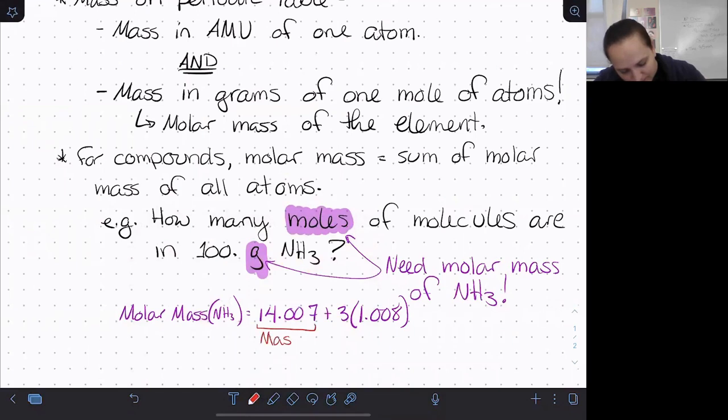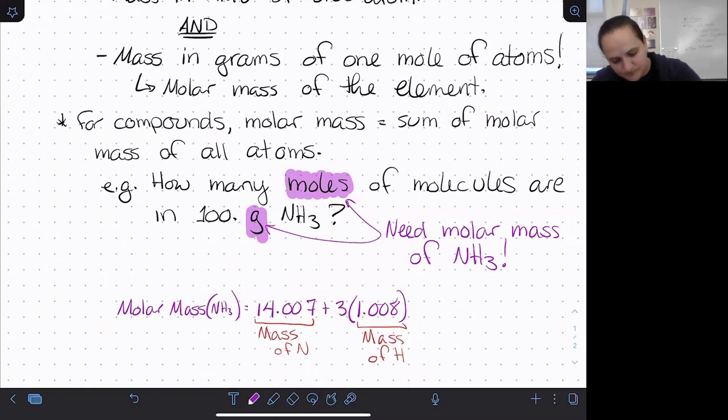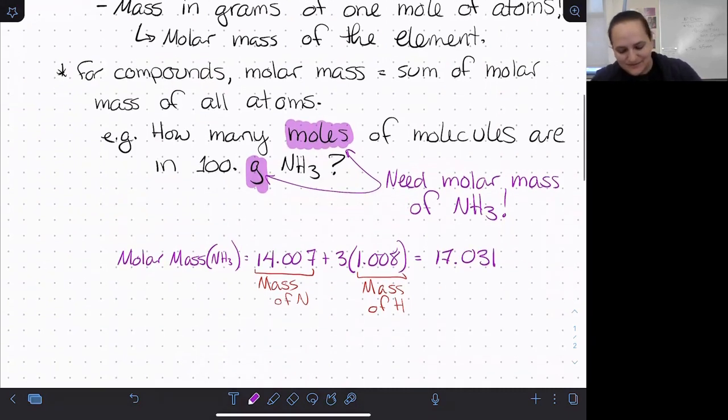So this was the mass of nitrogen. This was the mass of hydrogen from our periodic table, multiplying the hydrogen by the subscript and then adding the nitrogen together gets us a molar mass of 17.031 grams in 1 mole of NH3.